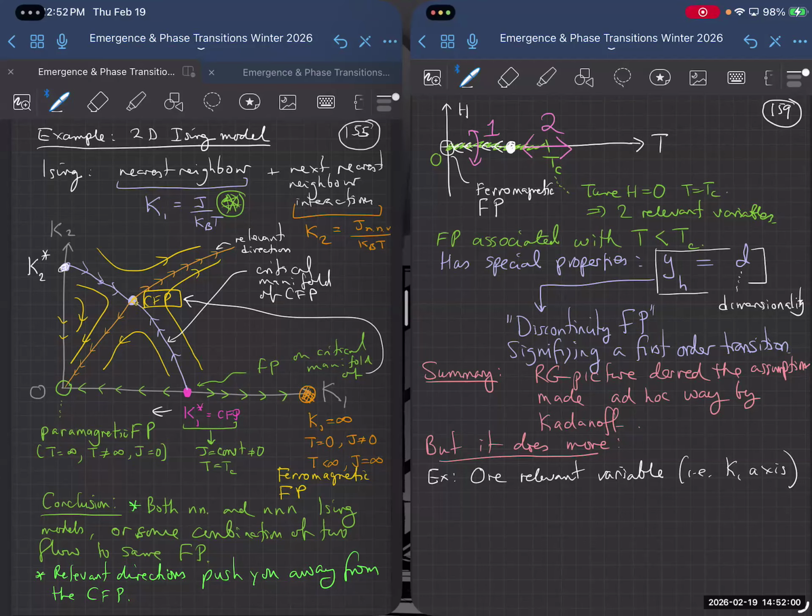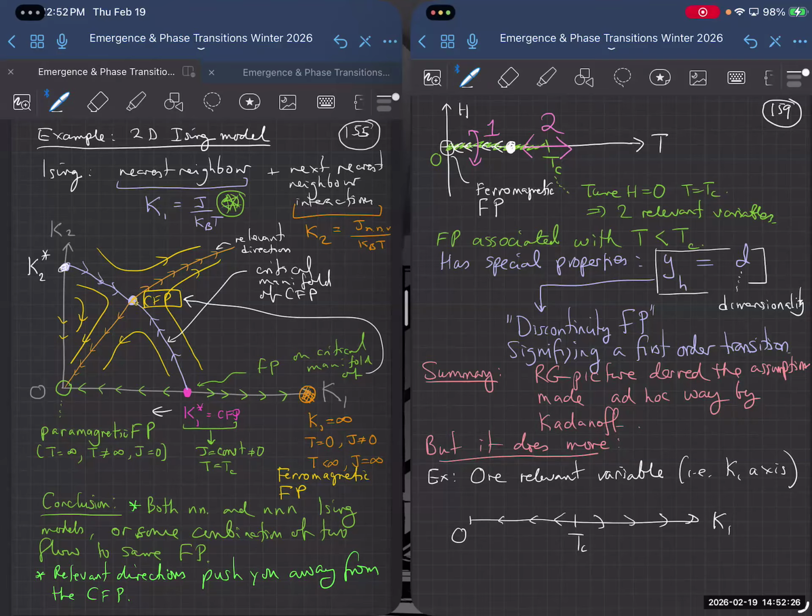What is the critical manifold for this one-dimensional renormalization group flow? So here's my one-dimensional renormalization group flow. The variable looks like this. There is T_C, and the flow looks like that. Where on this picture is the critical manifold?